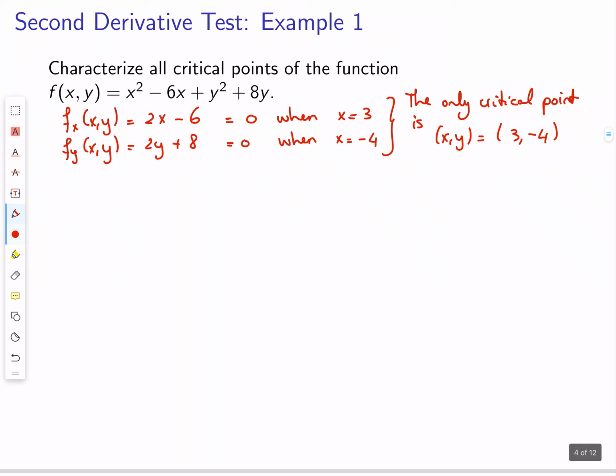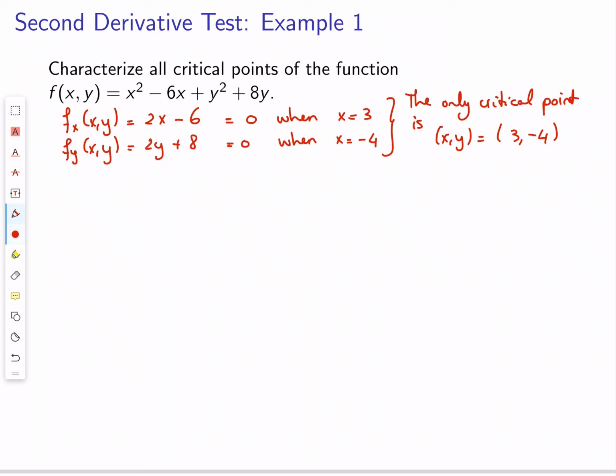So let's take a look at the first example. I've already filled in a little bit because we've already gone through those details in the first video. So for this particular surface, we found one critical point, namely the point (3, -4). And so now we want to use the second derivative test to characterize this critical point.